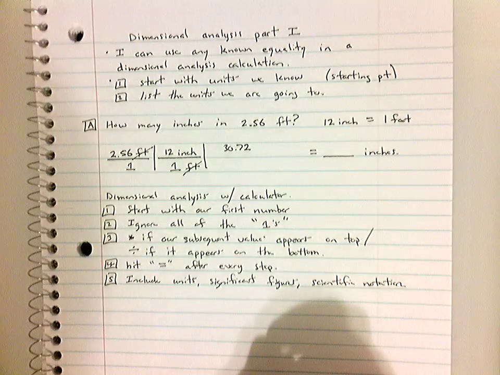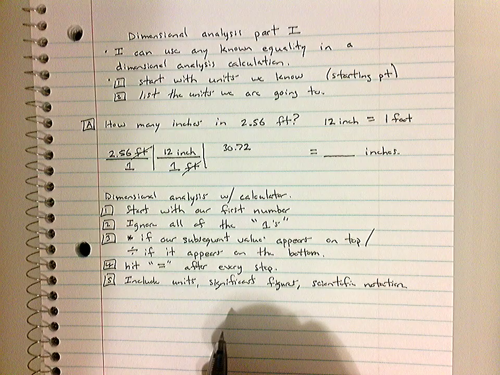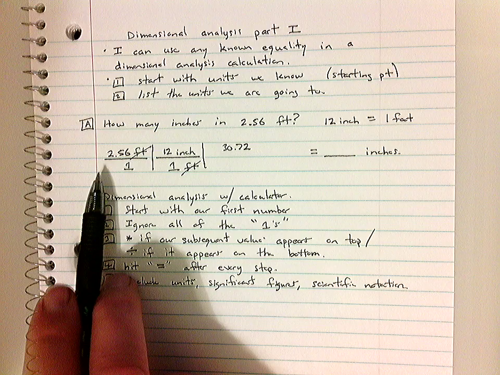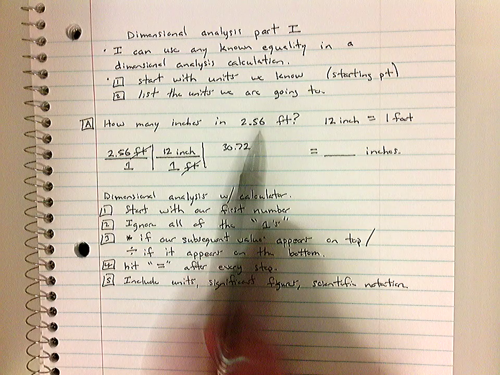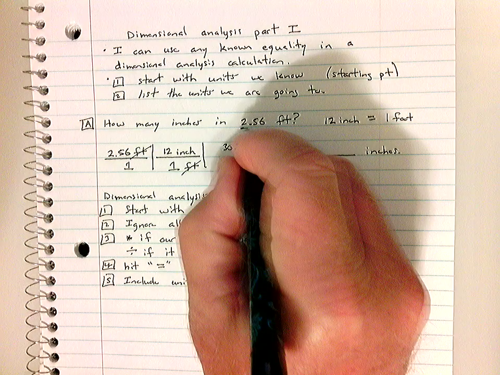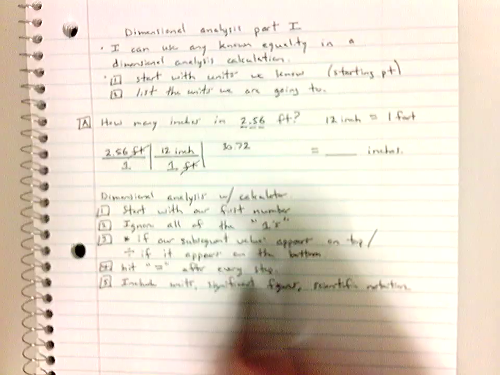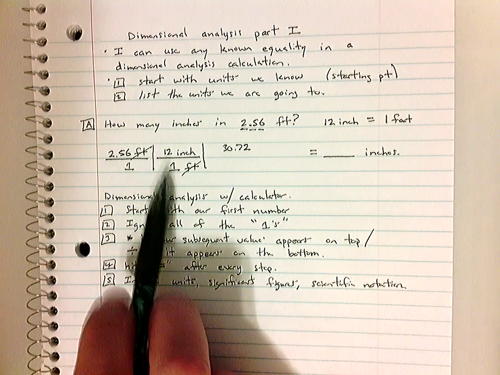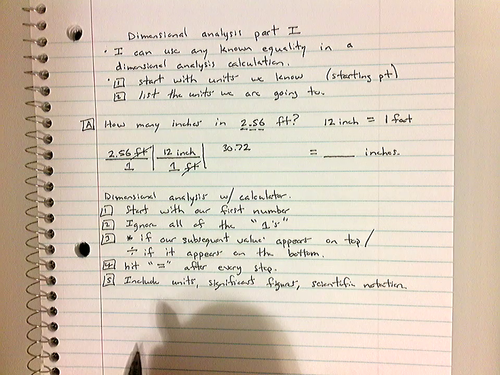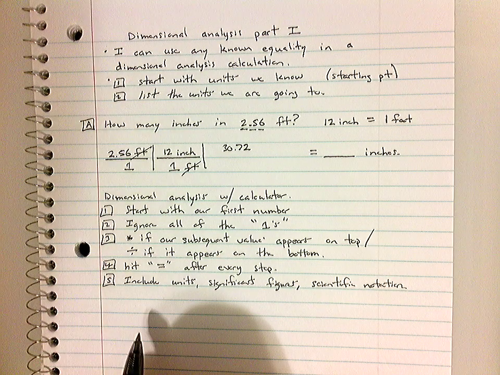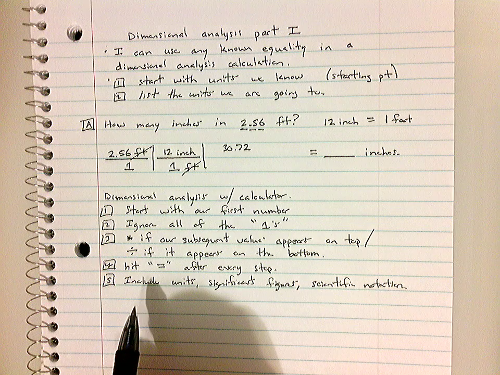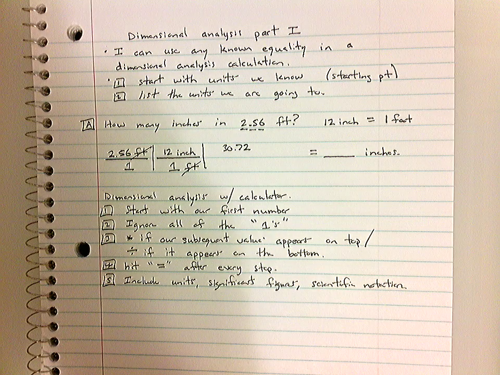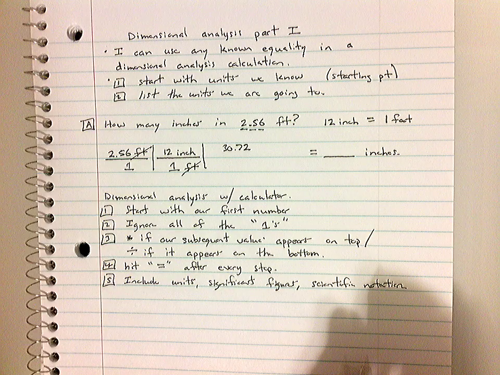We're going to respect significant figures. In our original problem, 2.56 had 3 significant figures. The 12 and the 1 are counting numbers or definitions, so they have an infinite number of significant figures. Recall from earlier, our answer has the same number as the least amount that appear in a problem when we are doing multiplication and division.